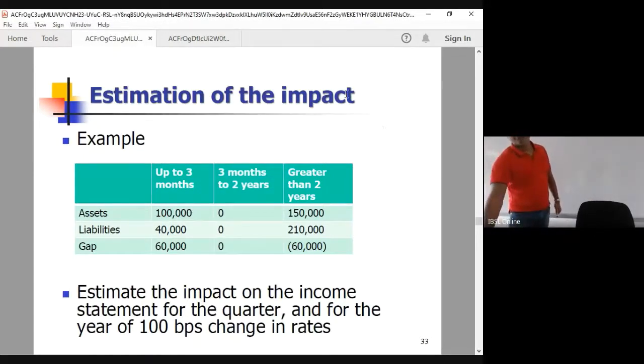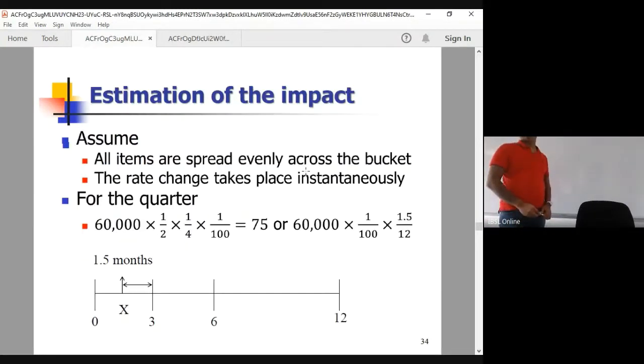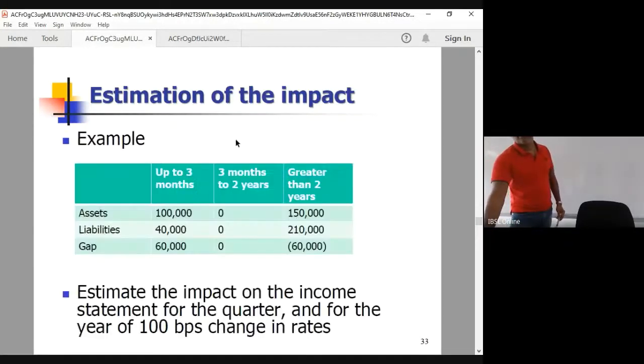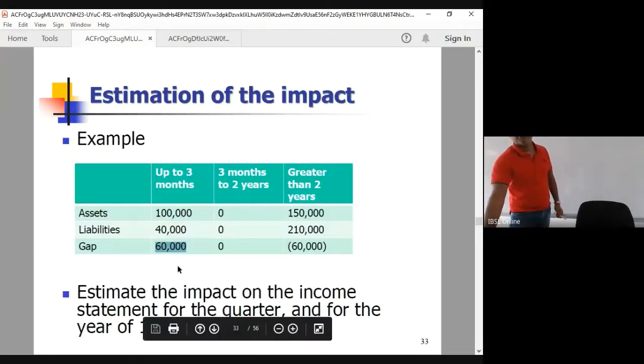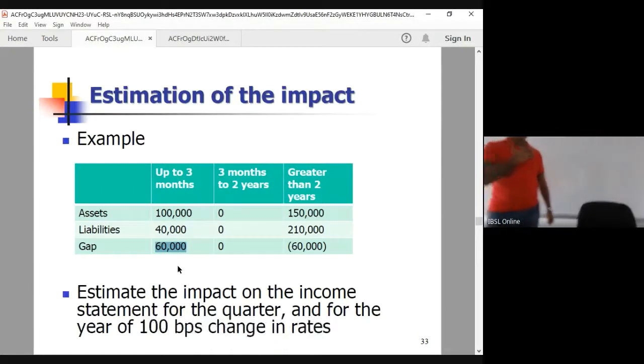So now, how do you calculate the impact of that on your NII? Here the rate change is 100 basis points again. Look at the first one. You have a positive gap of 60,000 on your 3-month bucket.